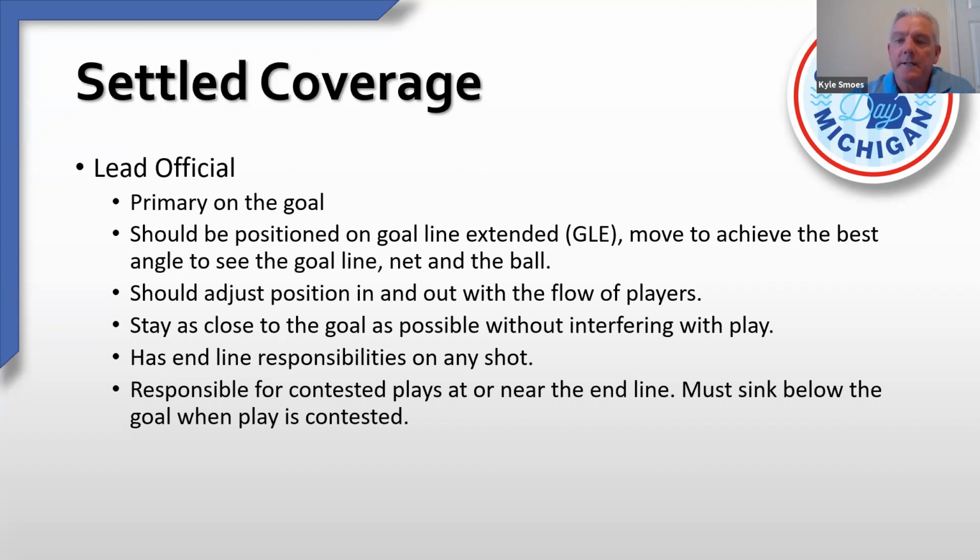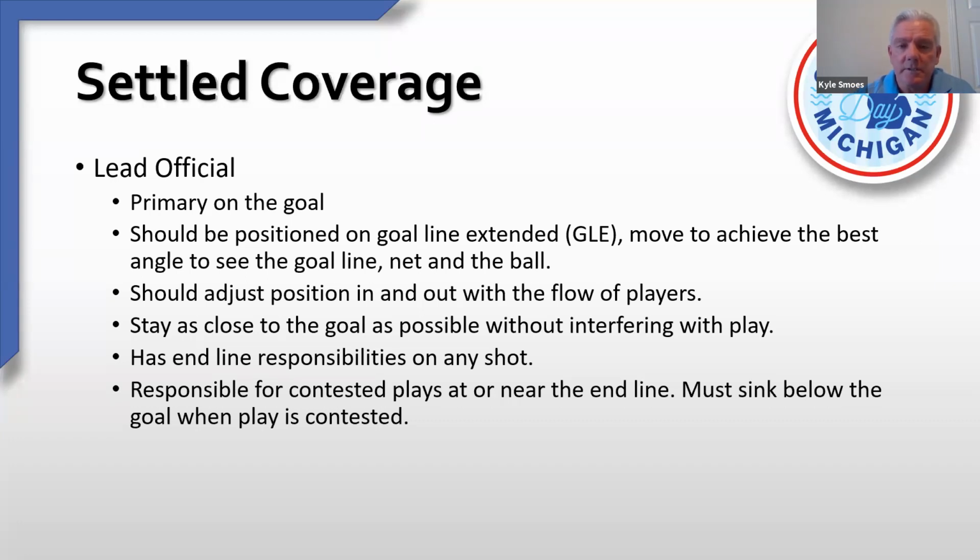His primary responsibility is going to be the goal itself, the goal and the goal crease. Much like hockey, there is an area outside of the goal that only the goalie can be in, or someone on his team can run through that legally, but no one from the attacking team can ever be in the crease legally when the ball is live.